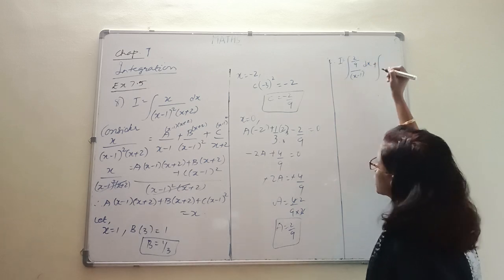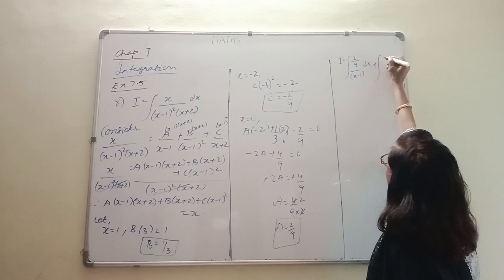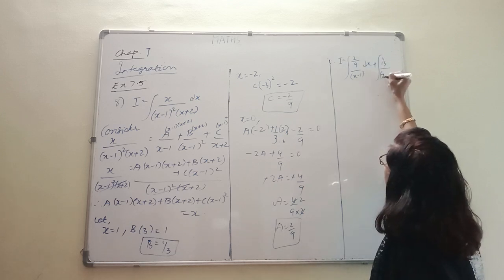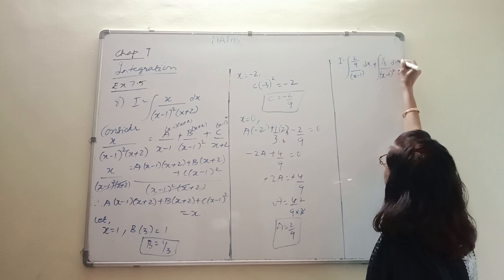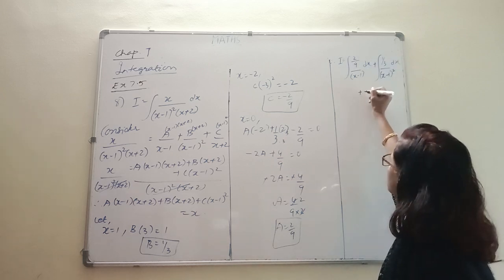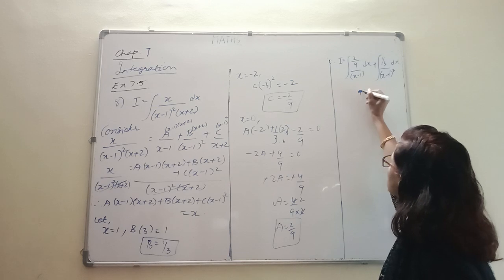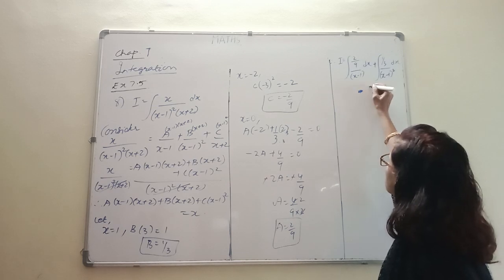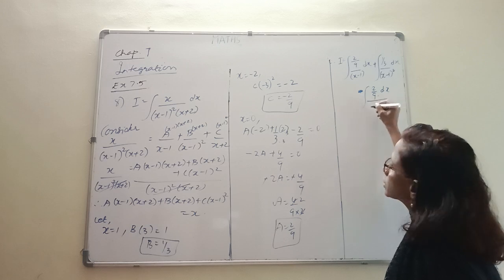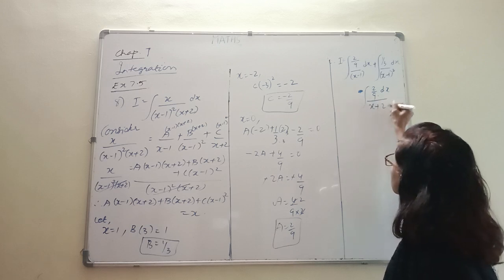So b for us is 1 over 3 over (x minus 1) squared dx. And then next is c. So c for us is negative 2 over 9. Negative is there, I've pulled it out, x plus 2.